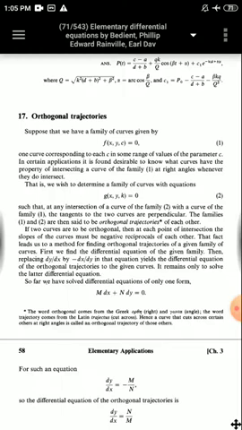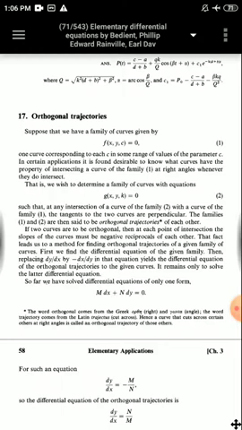Suppose that we have a family of curves given by f(x, y, c) = 0, one curve corresponding to each c in some range of values of the parameter c. In certain applications, it is found desirable to know what curves have the property of intersecting a curve of the family 1 at right angles whenever they do intersect.